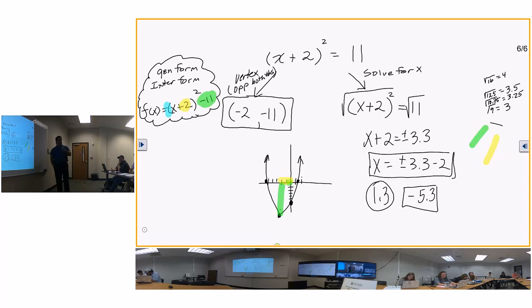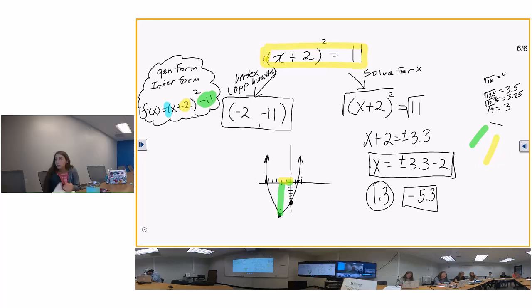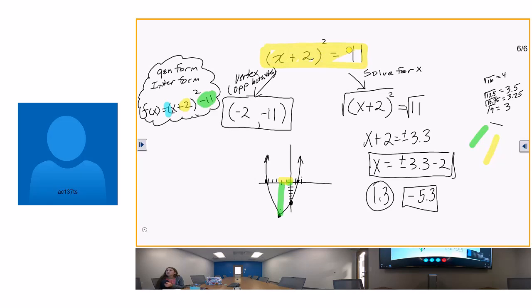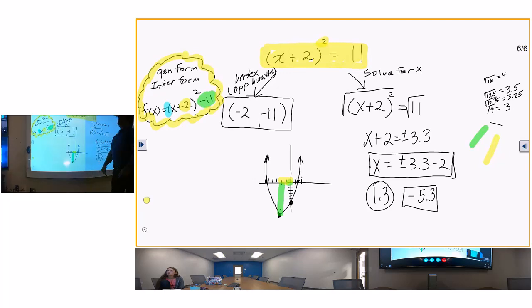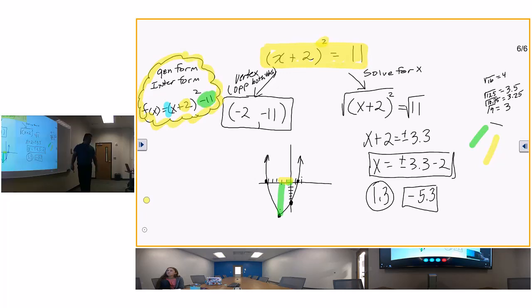In unit 2, they want you to convert a quadratic to this form so you can tell me the vertical and horizontal shifts and all that good stuff.